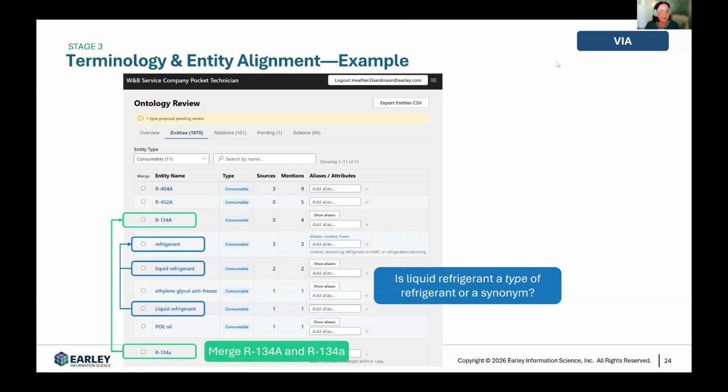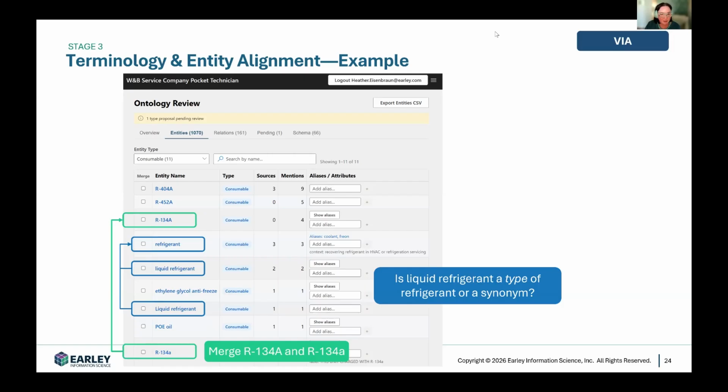So now we're seeing them come up as different entities when the AI starts chunking the manual and looking at what the different entities are. In that first one, you see the R134A is uppercase and lowercase a's. So we want to merge those together or make one a synonym, right? One's a preferred term and one's a synonym.